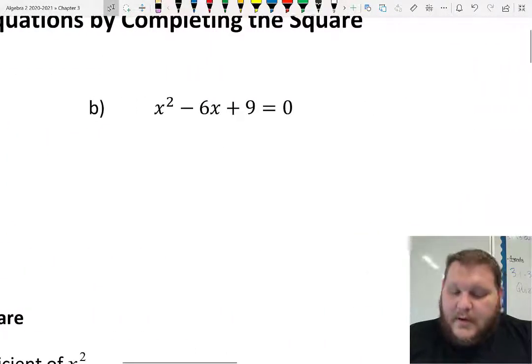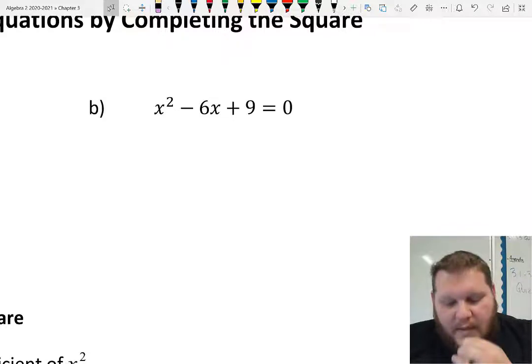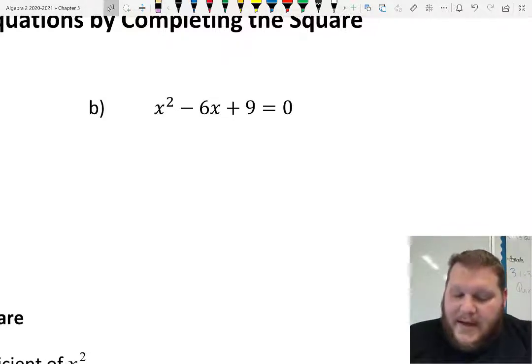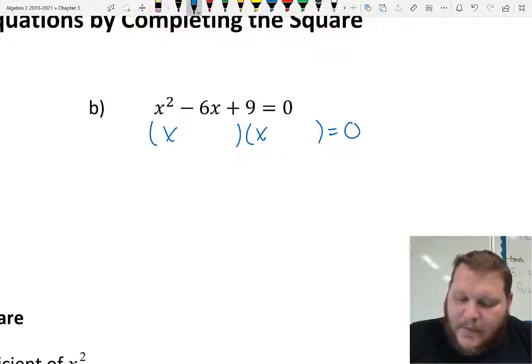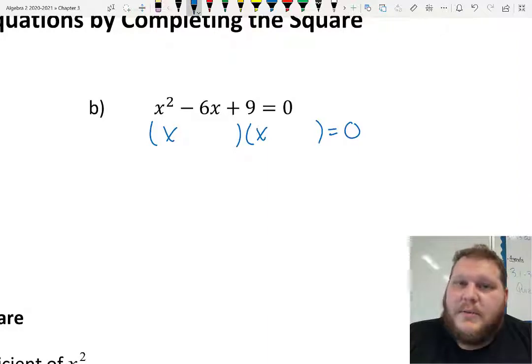For part B, this one we've got x squared minus 6x plus 9 equals 0. Once again, it's just an old school two parenthesis factoring process because it's again x squared for the leading term. So now we're trying to figure out what two numbers multiplied together to give me a positive 9, but add up to a negative 6.